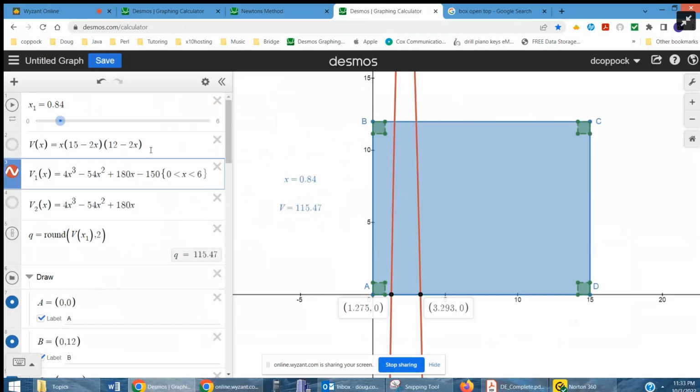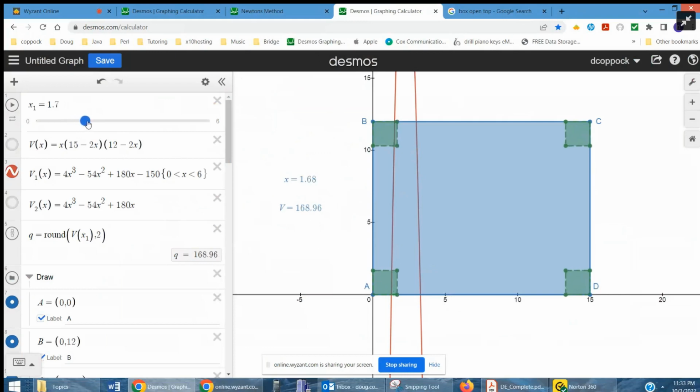So you can see right now, when x, the side of the square, is 0.84, the volume is only 115.47. But if I move into range, there's a value for the volume that's greater than 150.